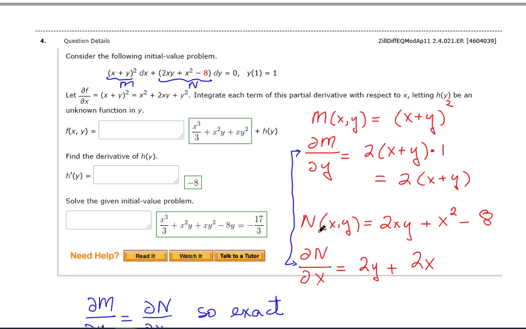The derivative of n with respect to x, all right, with respect to x so that the y is a constant. Derivative of x squared is 2x, and the derivative of minus 8 is 0. And so now if you compare the derivative of m with respect to y, it's exactly the same as the derivative of n with respect to x.